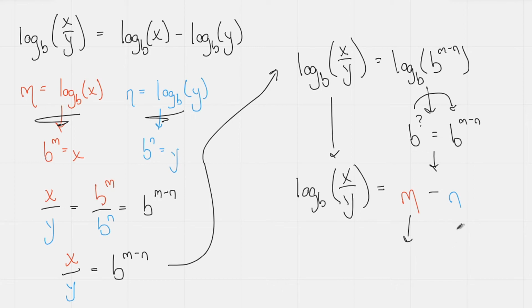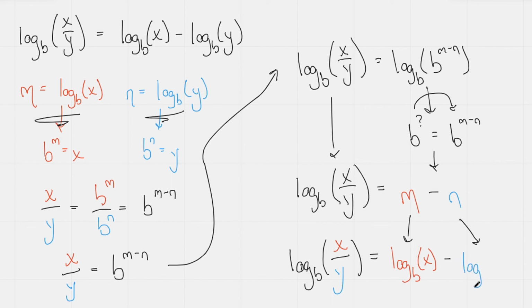So we can resubstitute back into this equation and say that the log base b of x divided by y is equal to the log base b of x minus the log base b of y. And so we have proven the quotient law of logarithms.